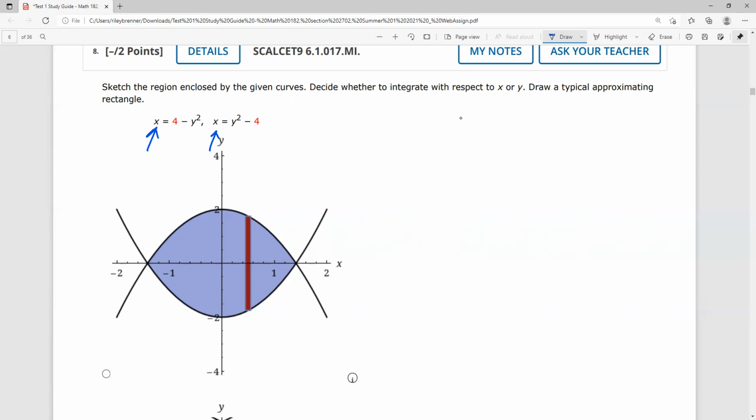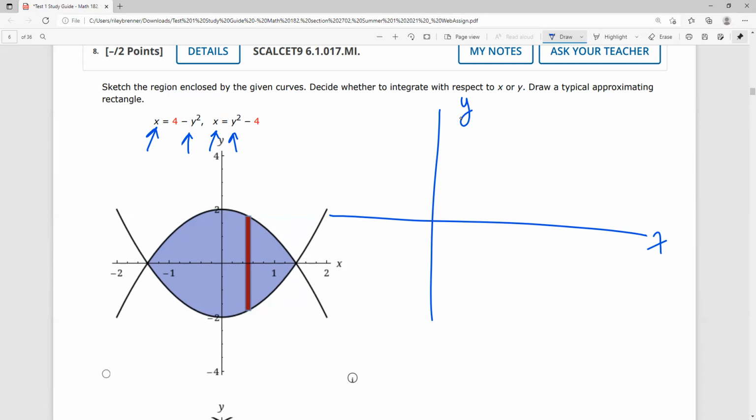But the way you can sort of think about it is, well, we know y squared is something squared, so it's a parabola, right? And the sign in front of it just tells you if it's upwards or downwards. So if we sort of quickly try to graph this, here's the x-axis, here's the y-axis. So x is equal to 4 minus y squared.